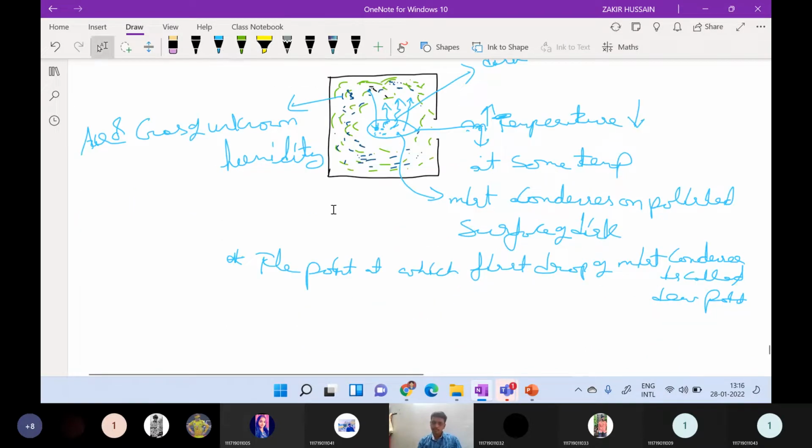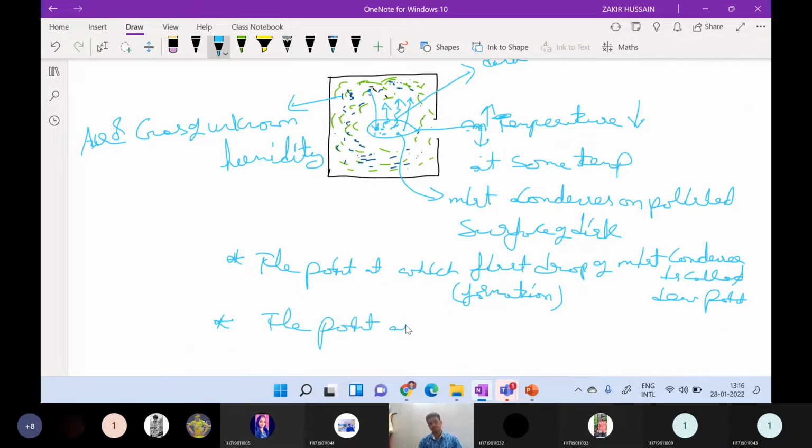The point at which the mist disappears is also called the dew point.